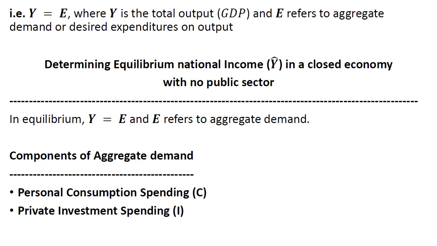So it's like Y depends on E, and E also depends on Y. Though E has components like C plus I, it is not enough to just say Y is equal to C plus I, whereby you add total spending made by people in the economy, that's private spending by people, and private investment spending by businesses, to say that Y is equal to E, because Y depends on E, and E also depends on Y. We'll see that later.